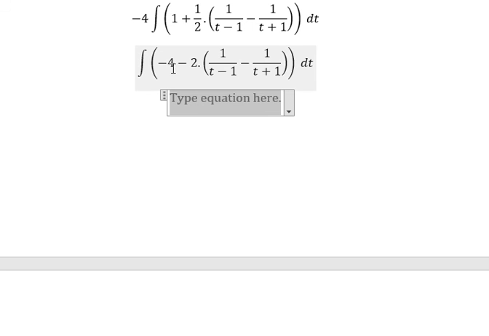The integral of negative number 4, you will get negative 4t. The integral of 1 over t minus 1, you will get ln of absolute value of t minus 1. Because we had a negative and a negative, so you get positive.